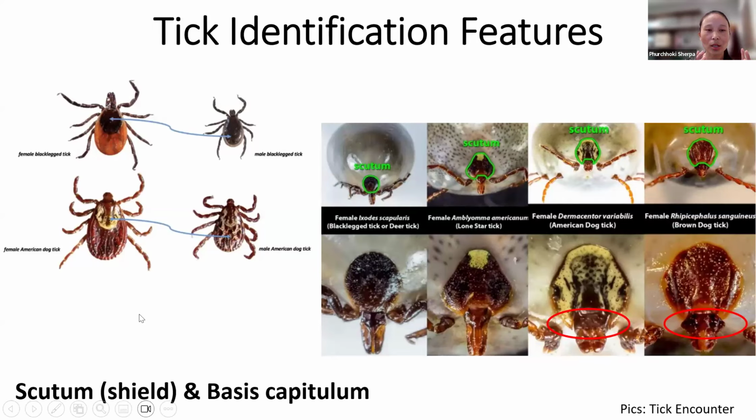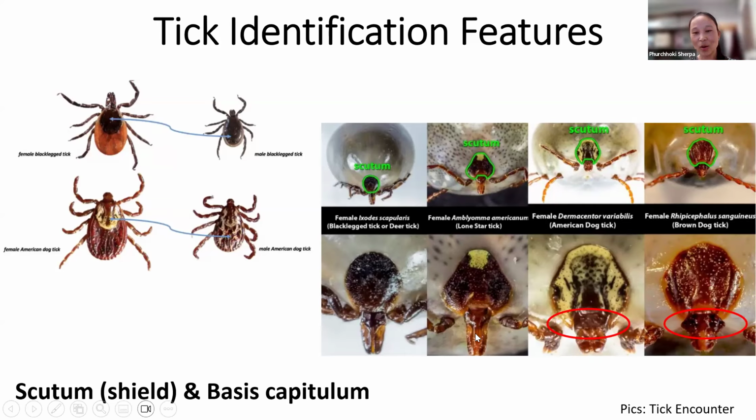In addition to helping us ID down to genus or species, it can also help us tell if it is a male or a female. They look distinctly different looking at the scutum. And the scutum also rarely changes when they feed. So when the tick is a giant bulbous thing and you can't see anything else but the little head at the bottom, the scutum helps, like in these pictures here.